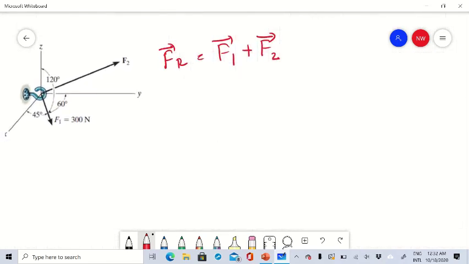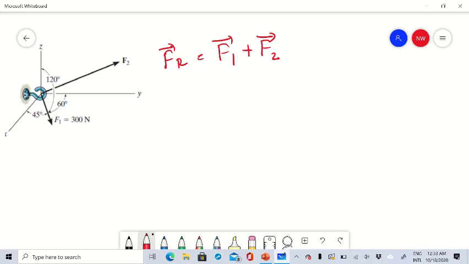These are vector additions, not just algebraic addition. The summation of the vectors F1 and F2 is equal to the resultant force.